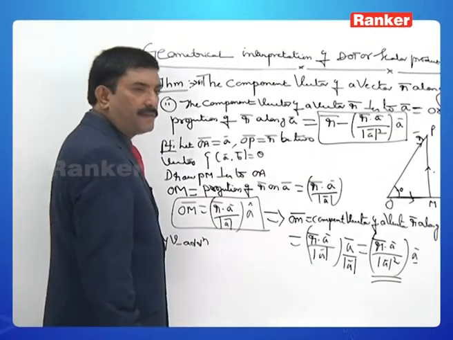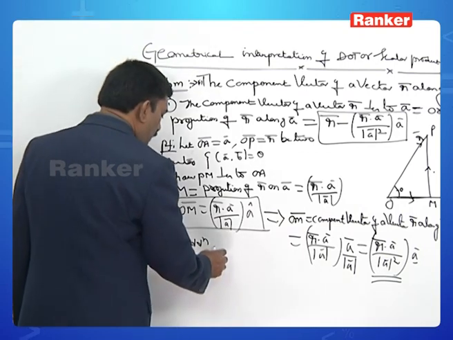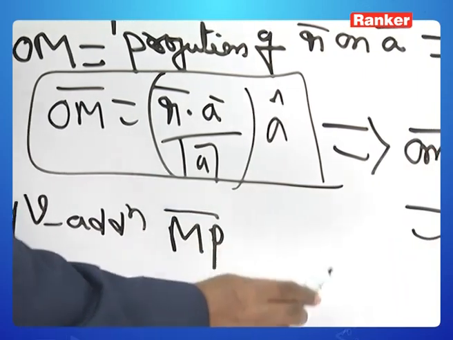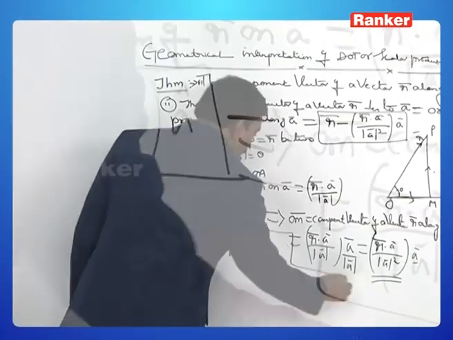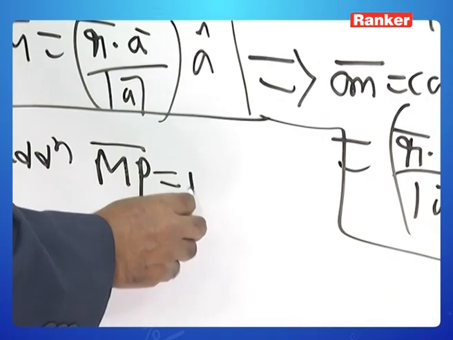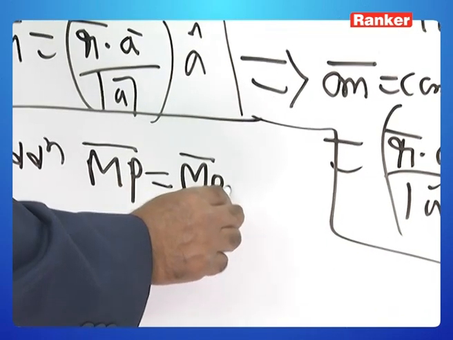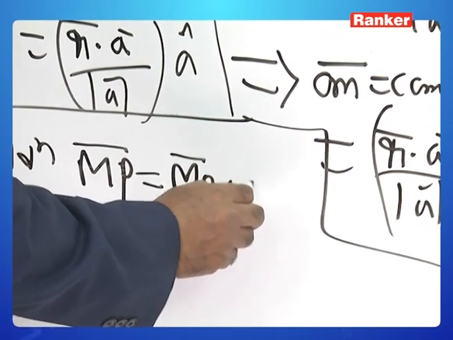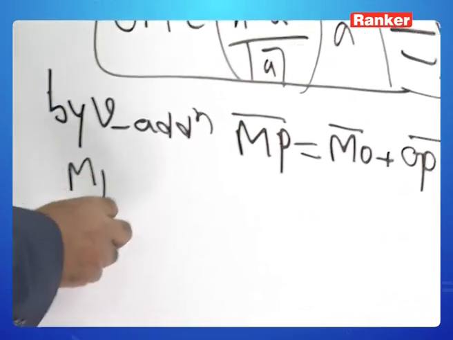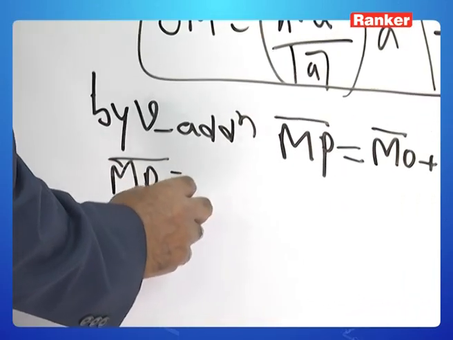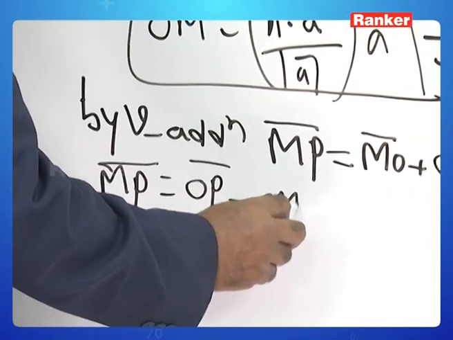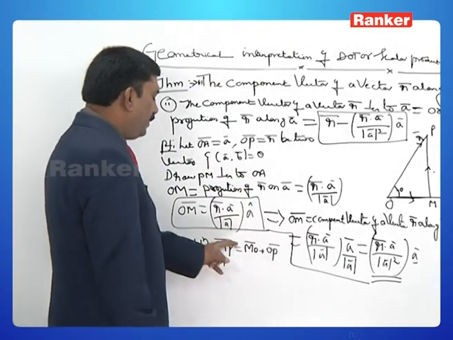By vector addition, MP bar is equal to MO bar plus OP bar.